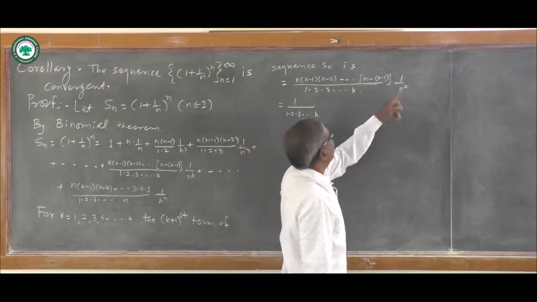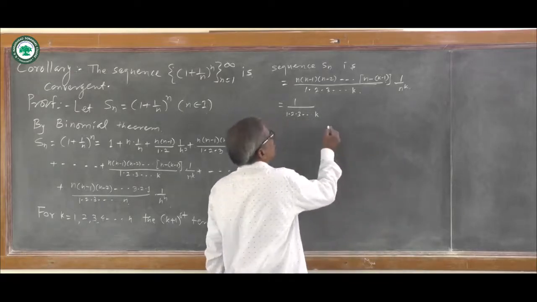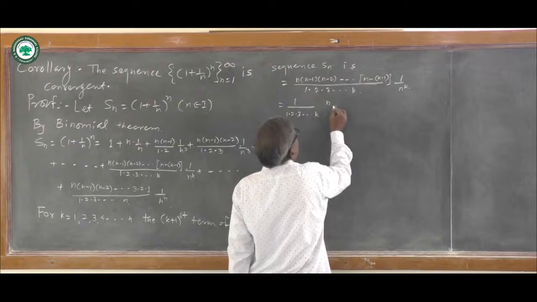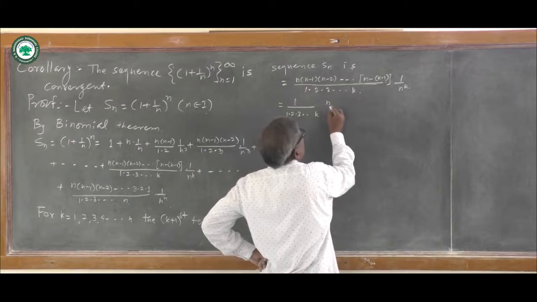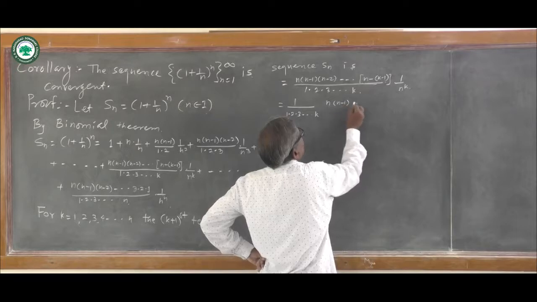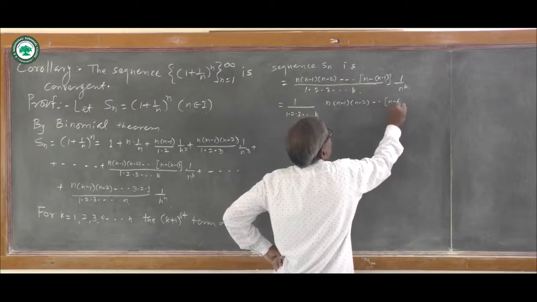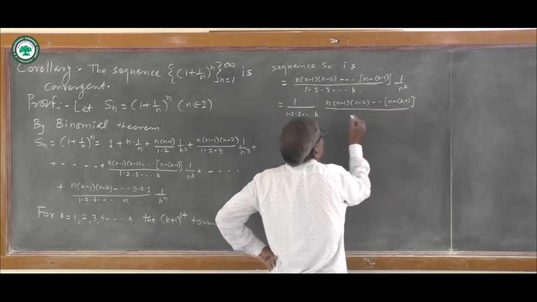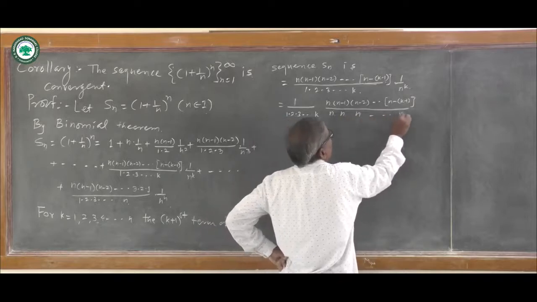Therefore, n raised to k can be written as n into n into n and so on, n k times. The numerator contains k terms, n into n minus 1 into n minus 2 and so on up to n minus k minus 1, upon n raised to k, which can be written as n into n and so on up to n.